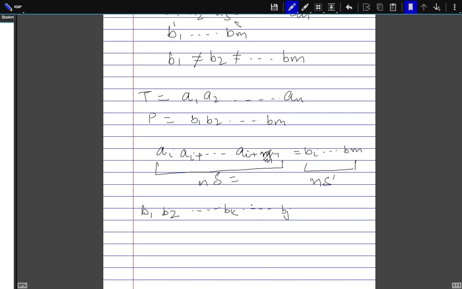we can take the pattern and see whether an initial subset of the pattern matches a terminal subset of the pattern. Say for instance, we find such a pattern that this initial subset matches with this terminal subset.